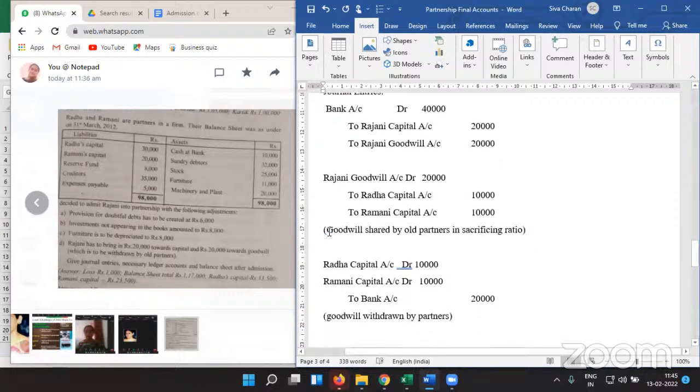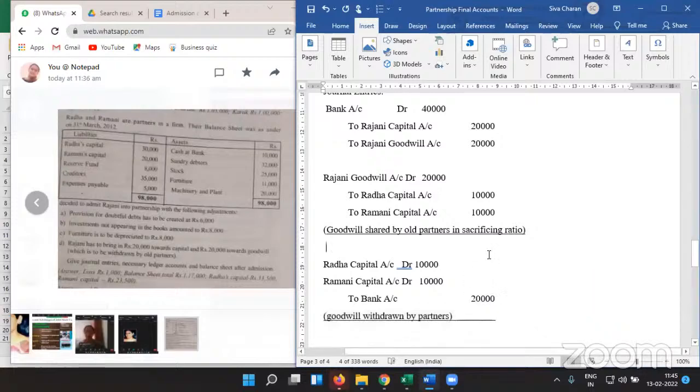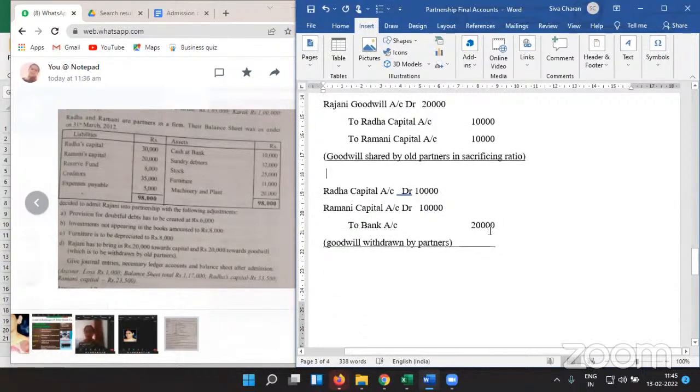So we passed the journal entries and also gave the narration. These are important. Now, after these entries, what is our next step? We passed an entry for Rajni bringing capital and goodwill into the business, we distributed the goodwill, and as mentioned, goodwill is withdrawn by the partners.